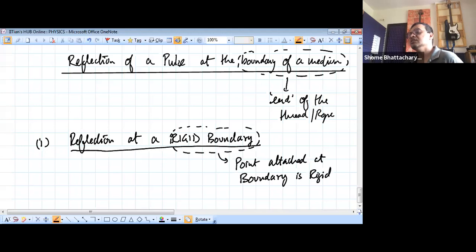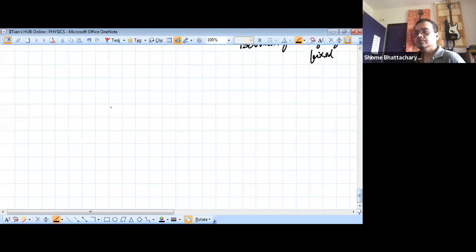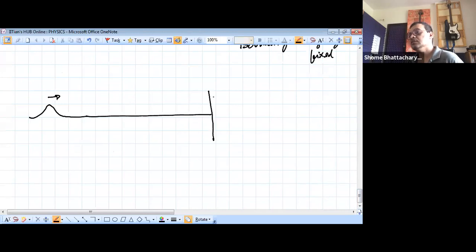So it is rigidly fixed. So it cannot move. So that kind of situation. So if we observe something like this, that there's a pulse along a string, and that string is attached to a fixed end like this.